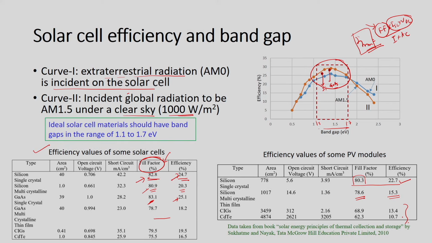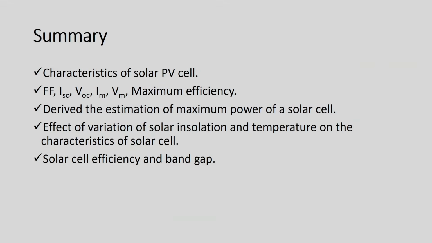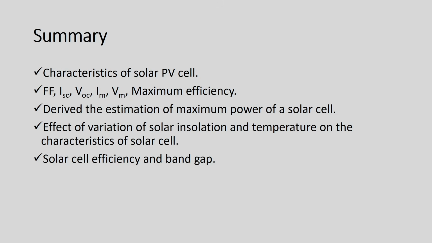What we can summarize in this talk: we have understood the performance characteristics of a solar cell, and we have also studied how the fill factor, I_SC, V_OC, I_m V_m and maximum efficiency can be calculated.